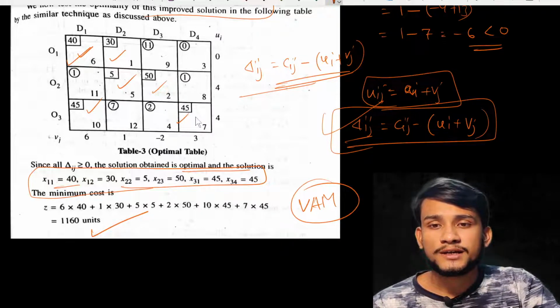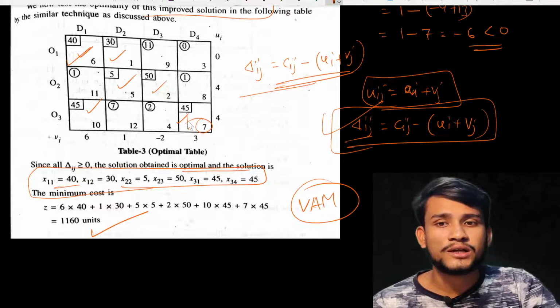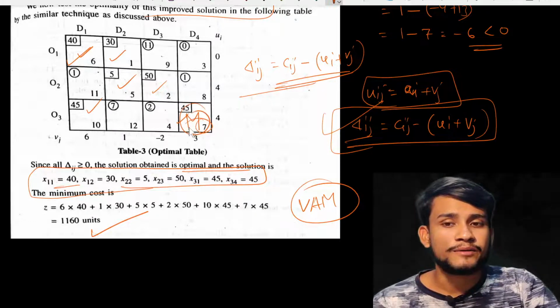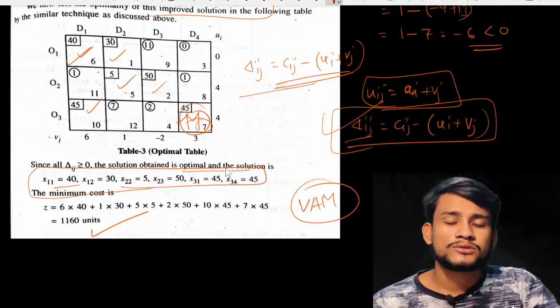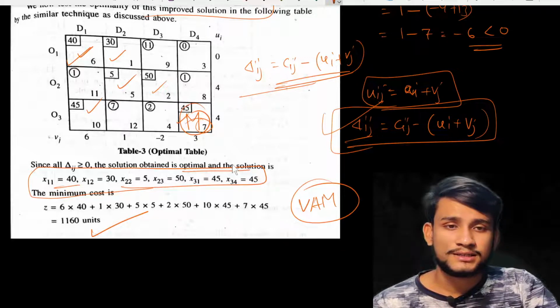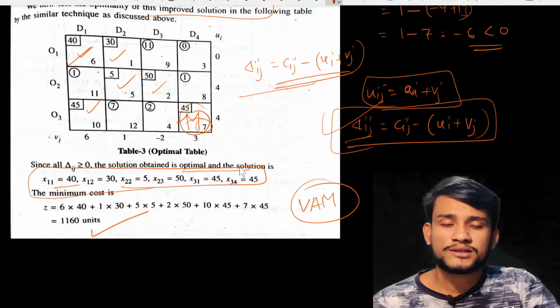If the cost is not given, then you can put M as a big number, and then you can solve it easily. So this is the process. I think you can understand. If you do not understand, then you can comment.